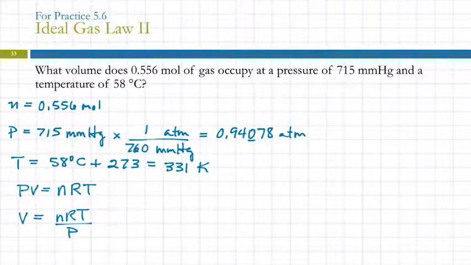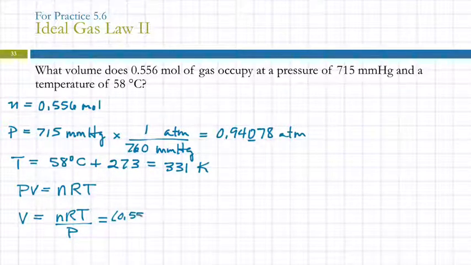The way I'm going to treat that number this semester is I'm going to look at the temperature. Here, this is given to me to the nearest ones place. So then I feel okay just adding 273. If it was given to 1 or 2 decimal places, I would definitely want to use the 0.15. That's not going to make or break your answer here. Okay, so we got moles, atmospheres, and kelvins, and we can plug those into our equation.